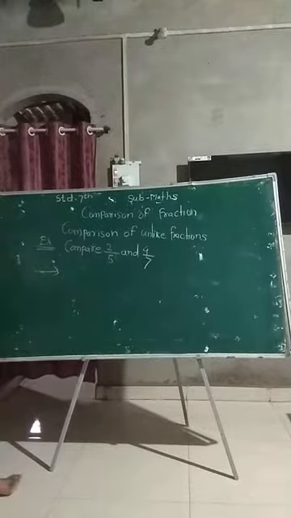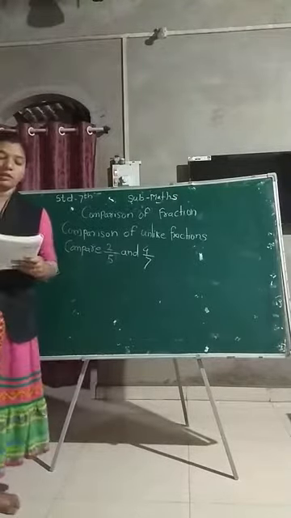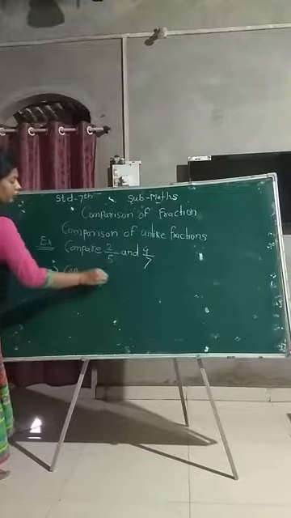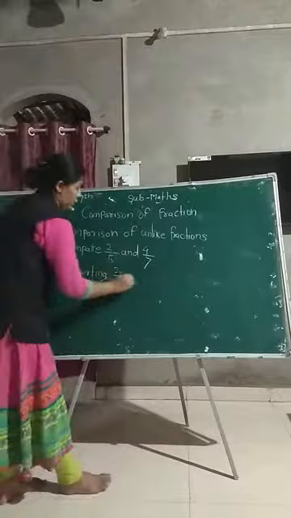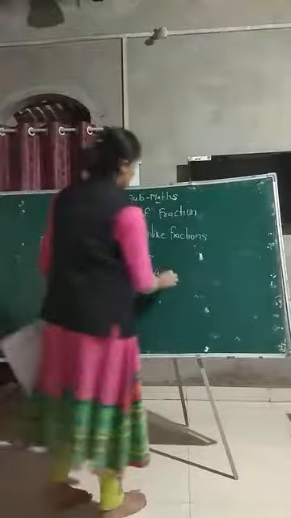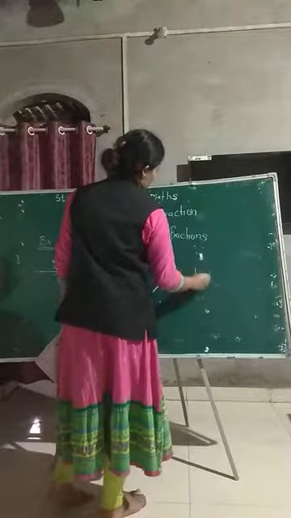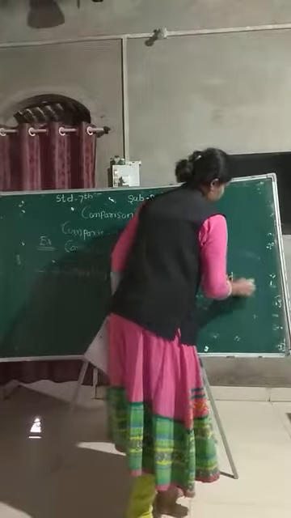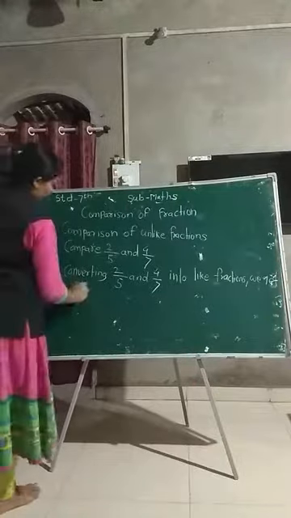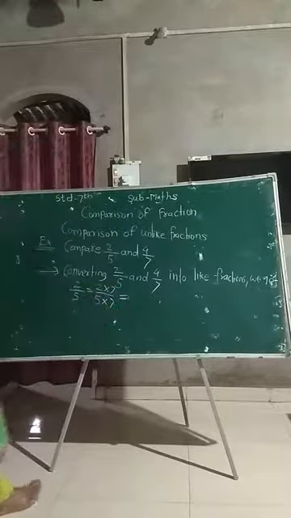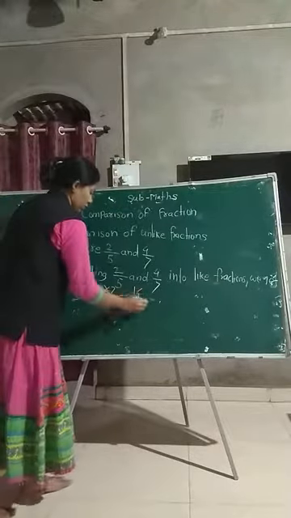In the solution we write, converting 2/5 and 4/7 into like fractions, we get 2/5 is equal to 2 into 7 upon 5 into 7, which is equal to 14/35.